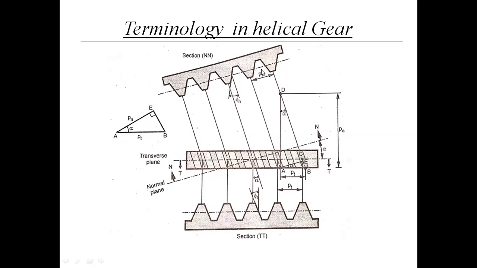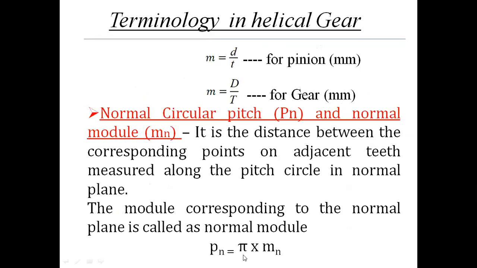Pn is equal to pi into module, and the module along the normal plane, so Pn is equal to pi into Mn. That is the normal module. The module corresponding to the normal plane is called the normal module.